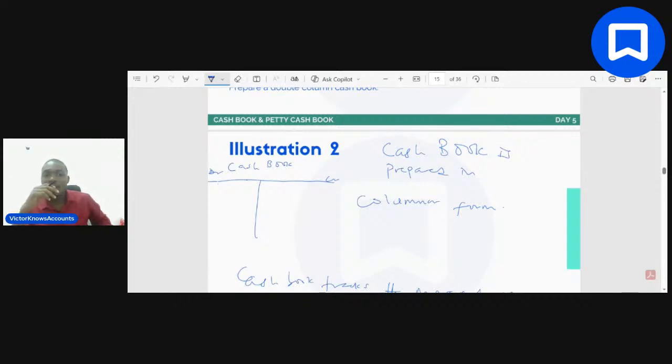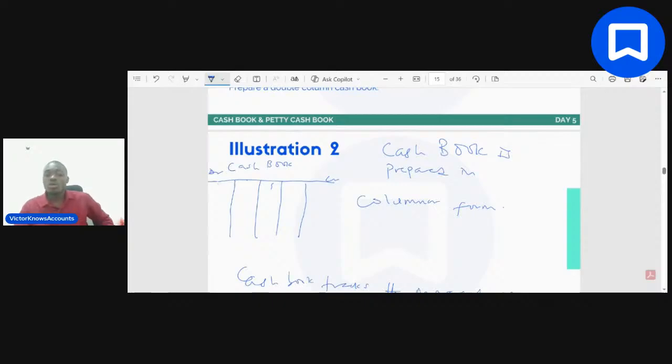All right. That means that just this account is not sufficient for your cash book. It has to be divided into what? Into columns. All right. Which means you have certain columns on your credit side and another set of columns on your debit side. Is that fine?